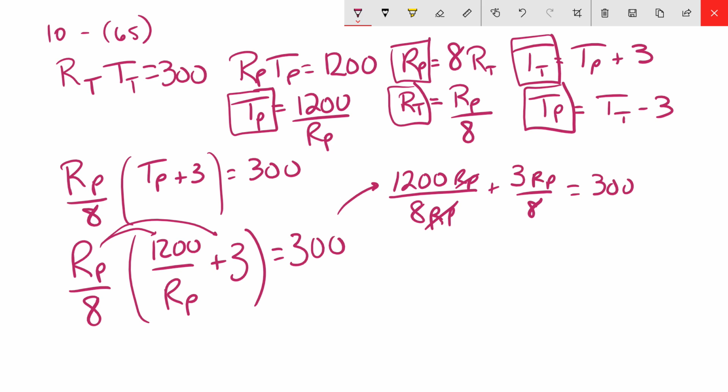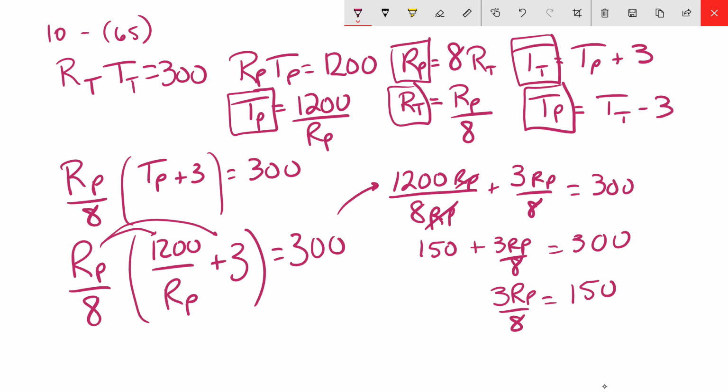All right, when I reduce this down, I'm going to get 150 plus 3 RP over 8 equals 300. Get that 3 RP over 8 equals 150. And then I'm going to be able to divide that through and find that RP equals 400.